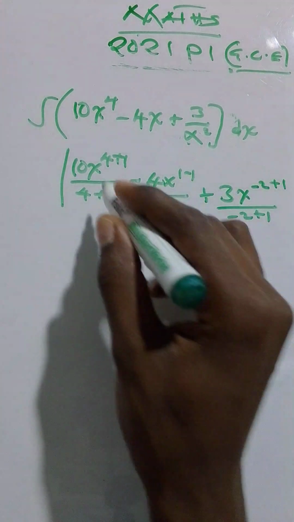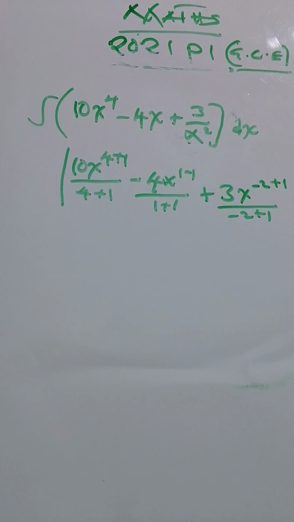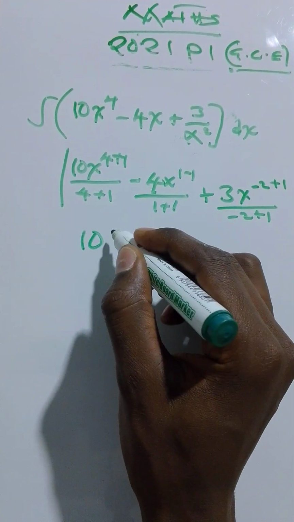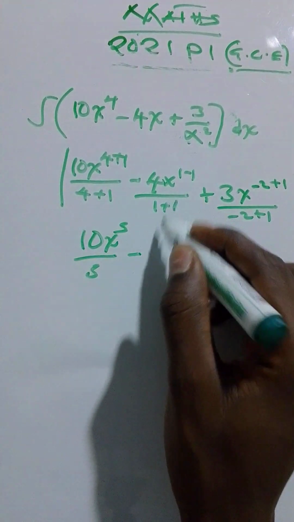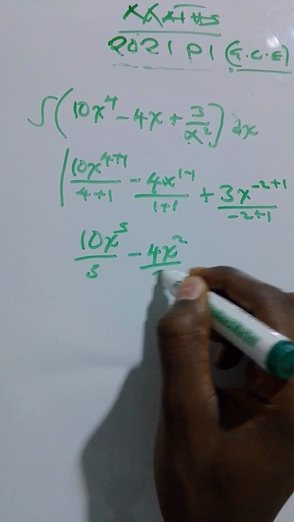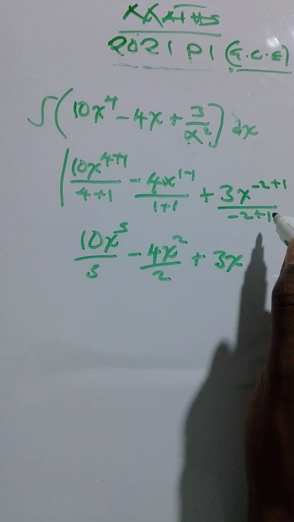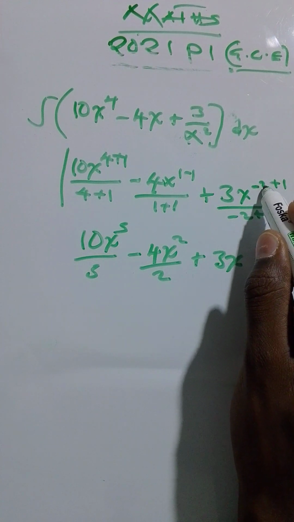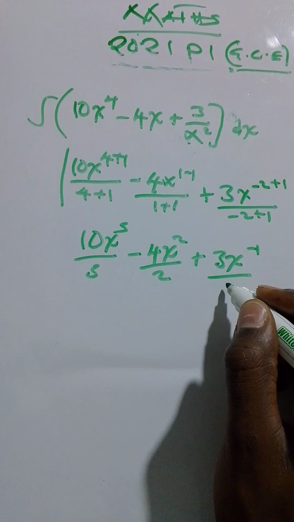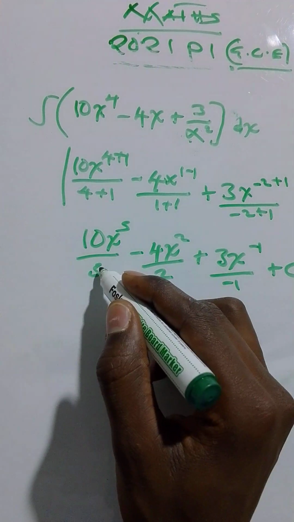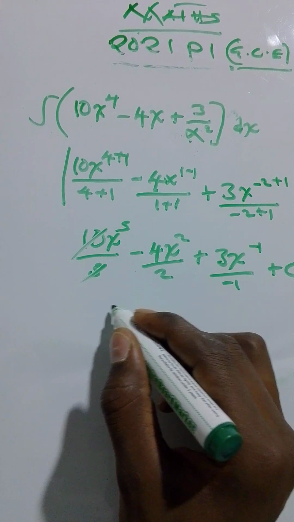So now we can clean up. From here we have 10x to the power 5 over 5 minus 4x to the power 2 over 2 plus 3x to the power negative 2 plus 1, which gives negative 1 over negative 1, plus the constant. So 5 into 10, you're getting 2x to the power 5.